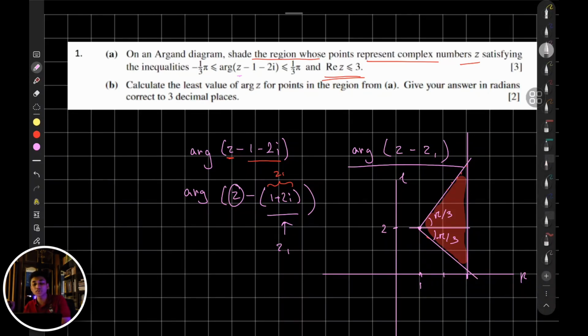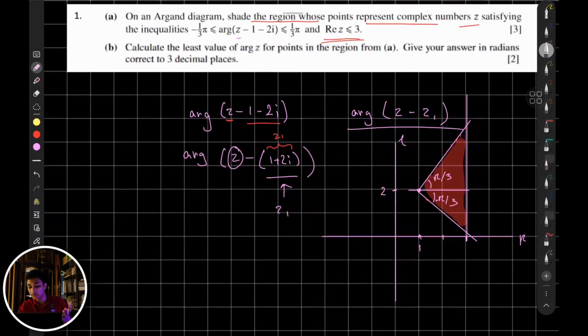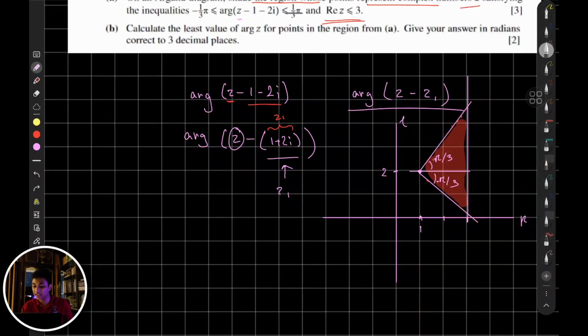The next condition was the real part of z will always be less than 3. So we draw a line and say that the real part is always less than 3. So what part do we shade? The middle part. Great. So z can lie anywhere over here.